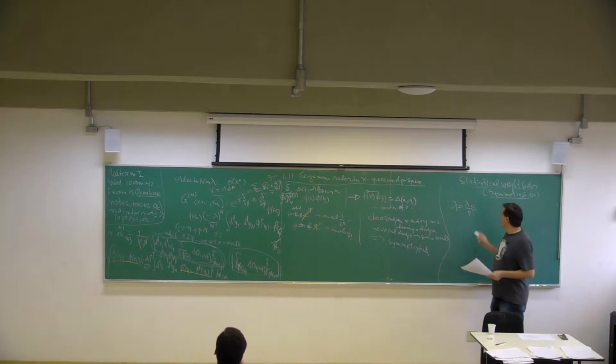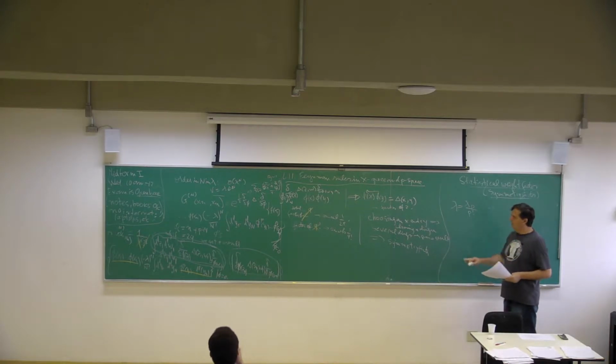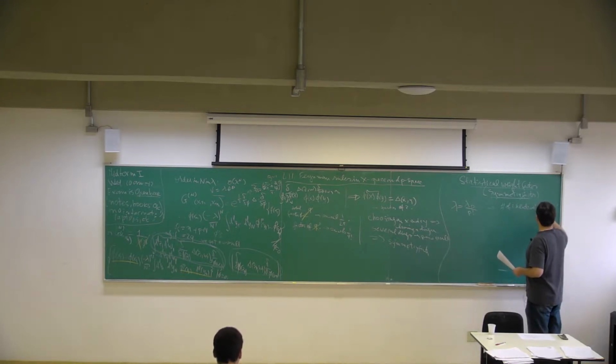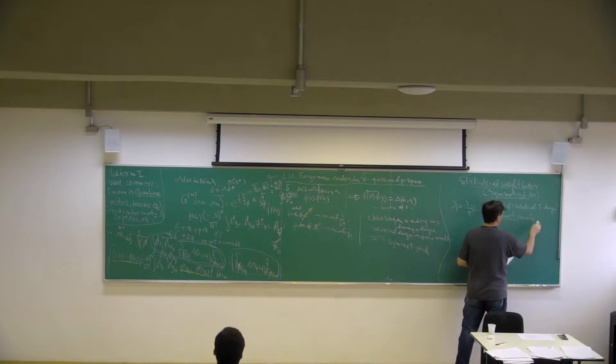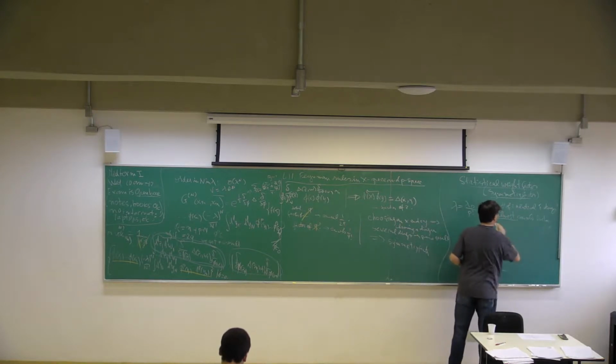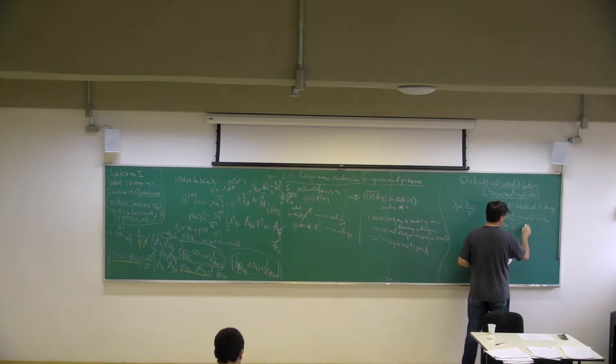Then the number of identical final diagrams almost cancels these factors, up to this S, which was defined as the symmetry factor, now also called the statistical weight factor.